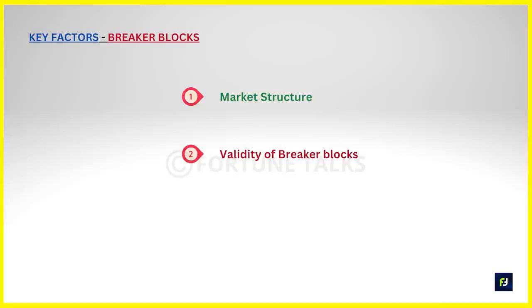Breaker blocks are created by a run of liquidity before the market structure shift. So you need to look for sharp moves with fair value gaps between the wicks that create inefficiency. And finally, number 3 is confirmation. Wait for confirmation before entering a trade. Confirmation can be in the form of many price action signals, candlestick signals, volumes, etc.